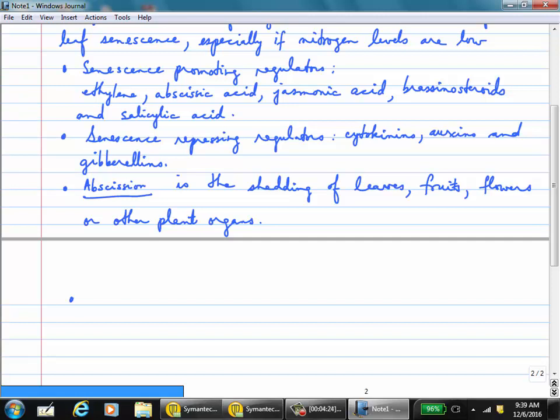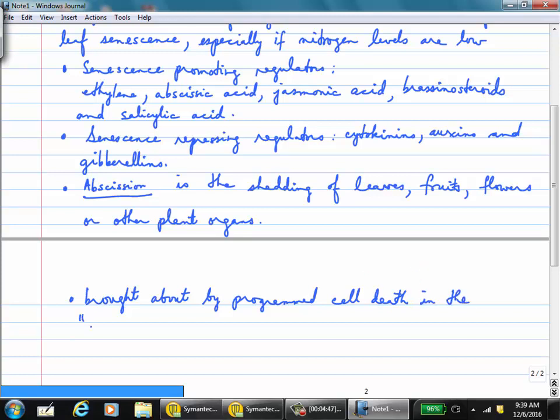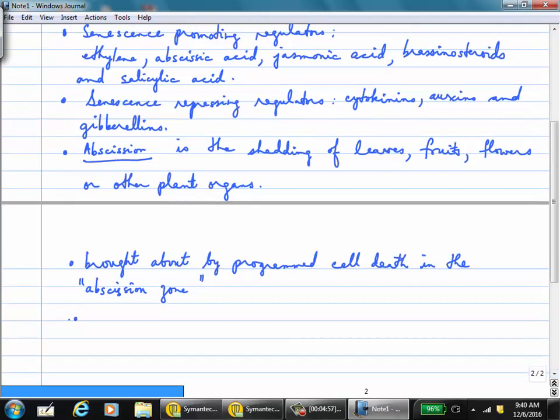So this is brought about by programmed cell death in the abscission zone. That means in the zone of cells where the abscission is going to take place.